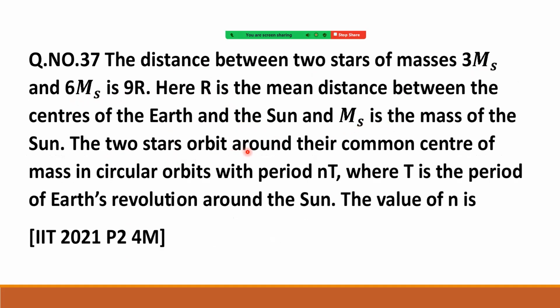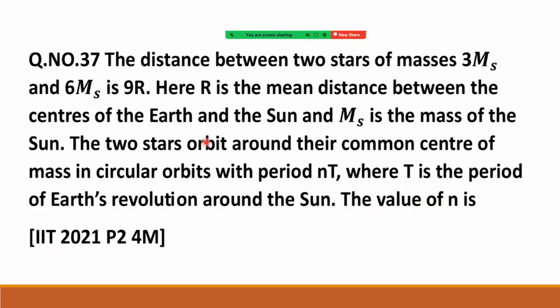The two stars orbit around their common center of mass in circular orbits with a period n times T, where T is the period of Earth's revolution around the Sun. The value of n is. This question was asked in 2021 for 4 marks.